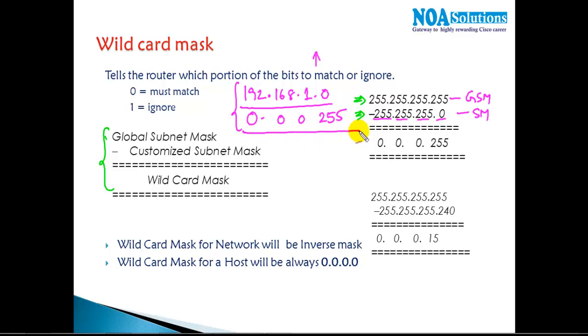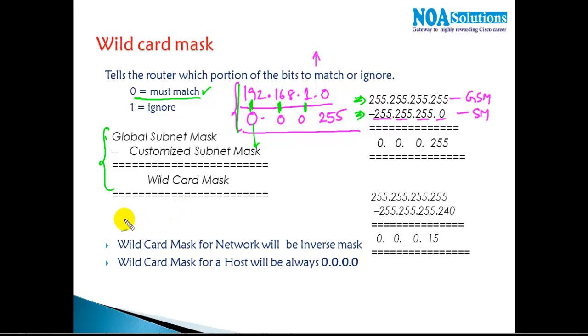Now what exactly is it going to do? It's going to tell how many portions of the bits you want to match. Deny or permit is a secondary thing. It's going to say match all the networks which start with 192.168.1, which means wherever there is 0, you must match. It should be exactly the same.